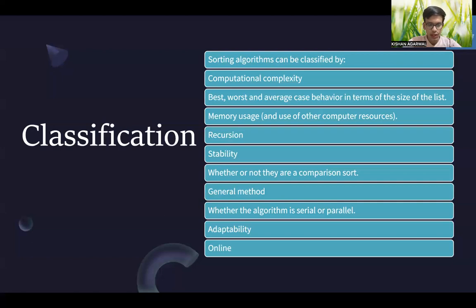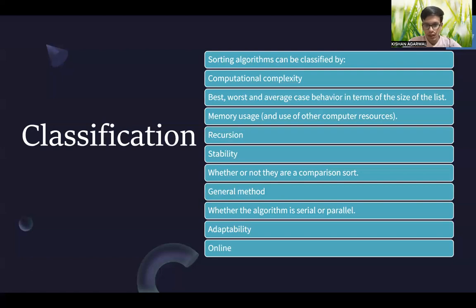Next is recursion. Some algorithms are either recursive or non-recursive, while others may be both, for example merge sort. Then stability: stable sorting algorithms maintain the relative order of records with equal keys, that is, values.